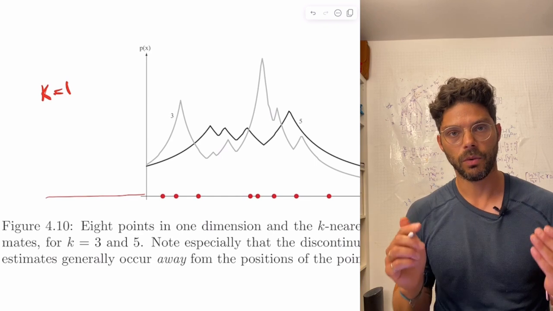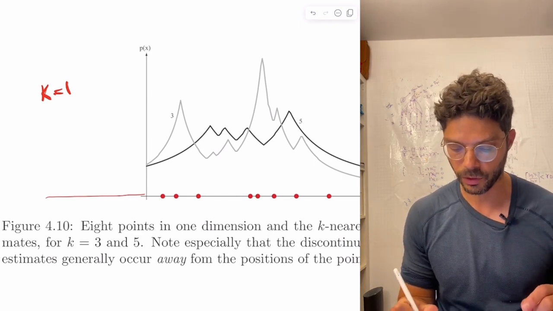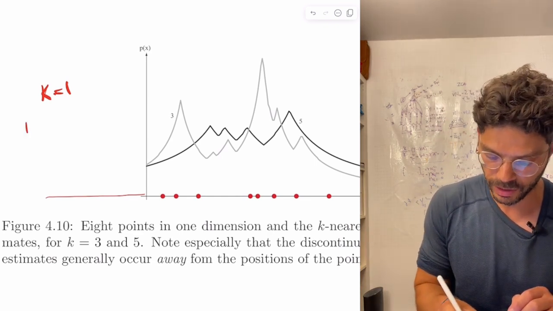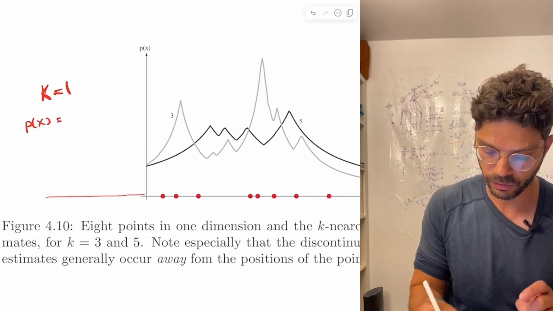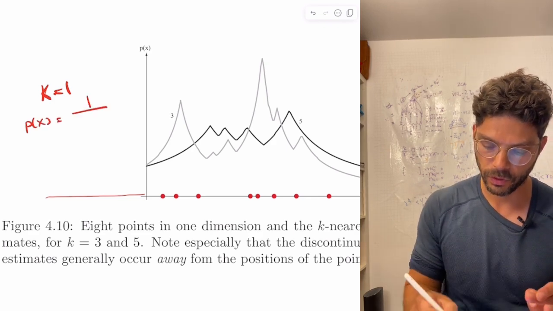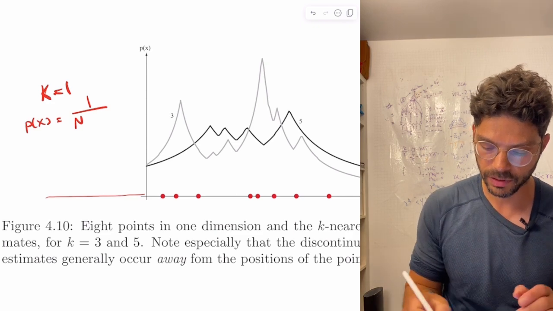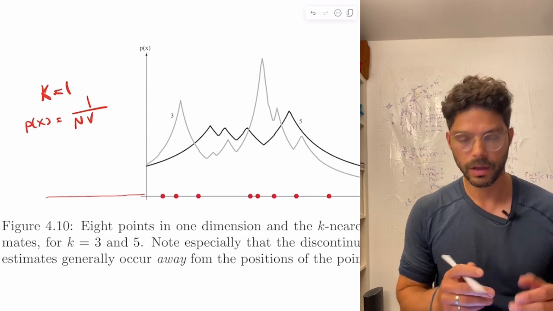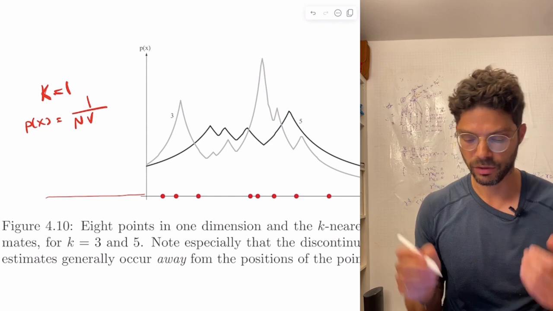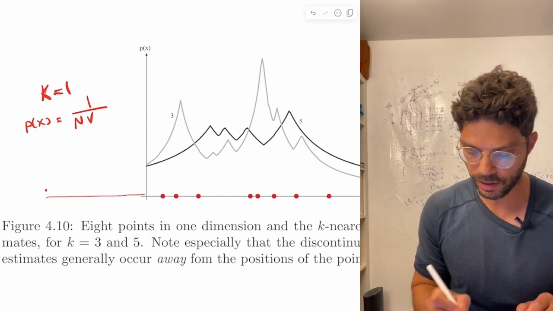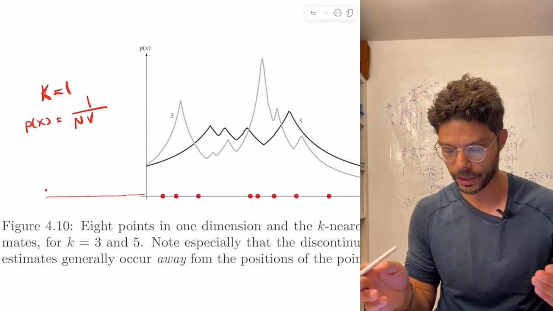So what are we doing? In that case, p of x is equal to 1 over n times the volume to get one data point in. And what's that volume? It's in one dimension, so the volume is going to be a length.